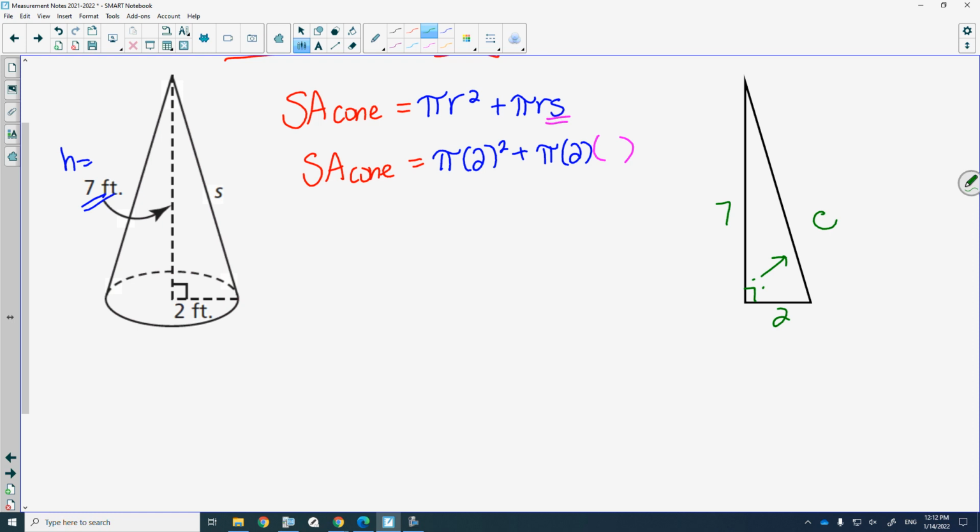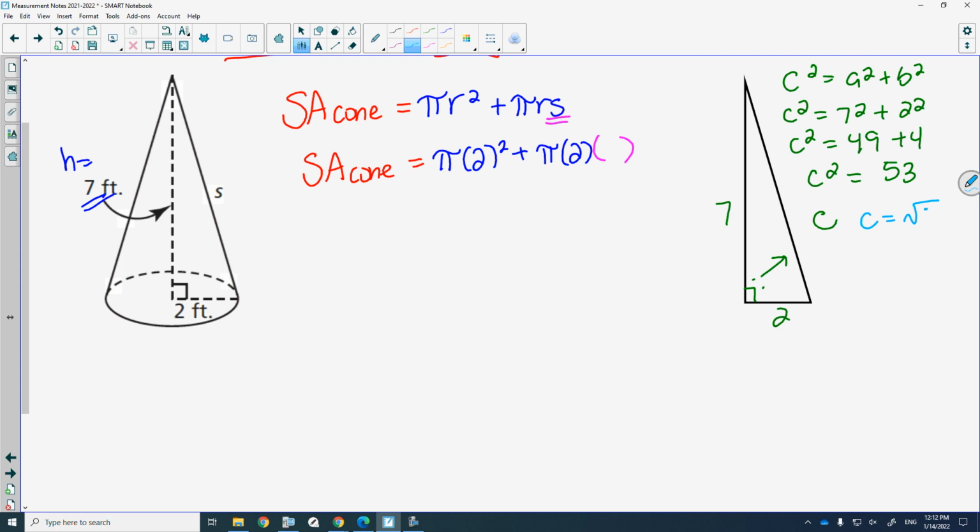So to find out what that slant height is, C squared equals A squared plus B squared. C squared equals 7 squared plus 2 squared. C squared equals 49 plus 4. C squared equals 53. And then isolate C by square rooting both sides of your equation. And you will get C is equal to the square root of 53. And that will give you what that slant height is.